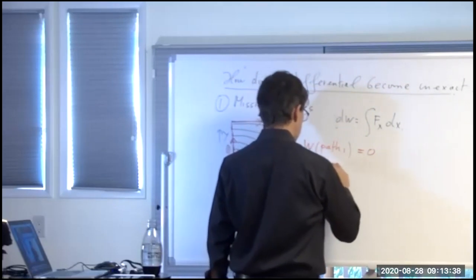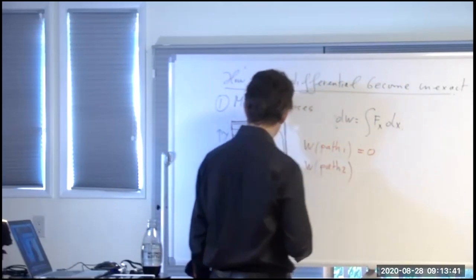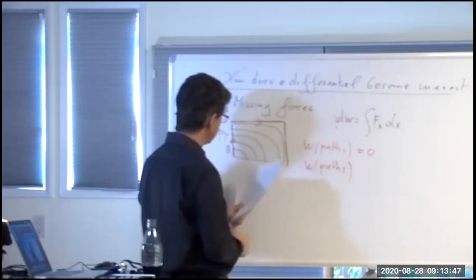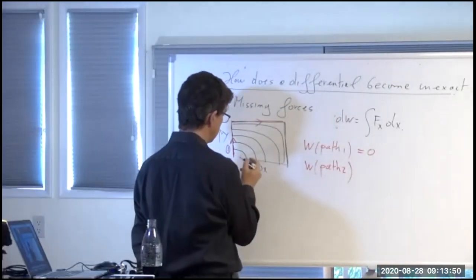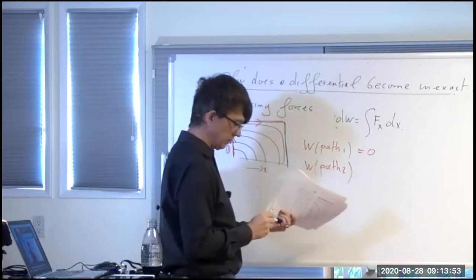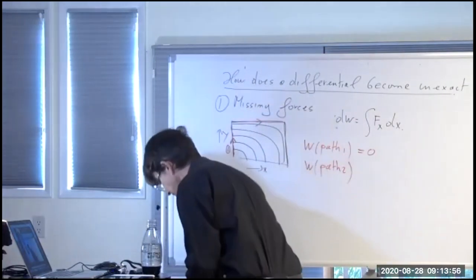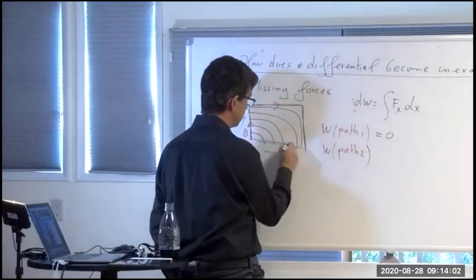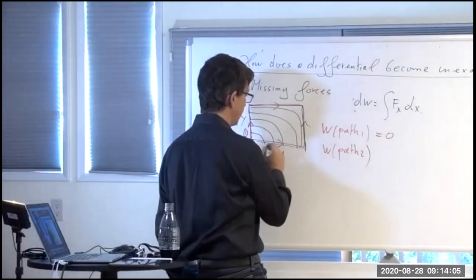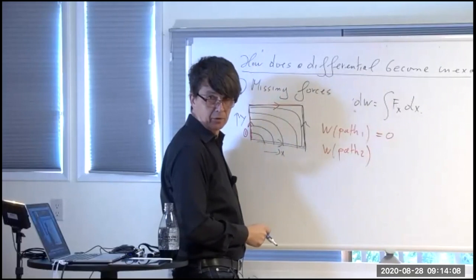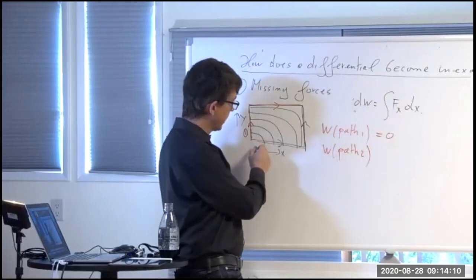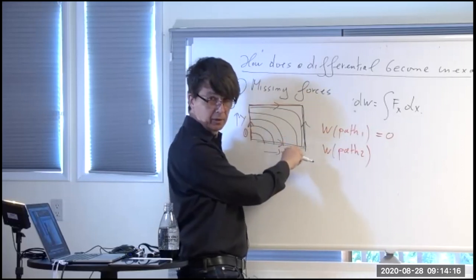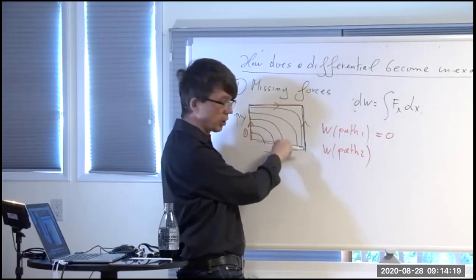Now what about the work along path 2? Is that 0? Oh, I didn't tell you what path 2 is. Darn. Okay, let's say this is path 2. Is the work 0 there? Not at all, right? Because here I have both a dx, and let's say I'm going down here, I'm going perpendicular to the contour line, there's definitely a force.